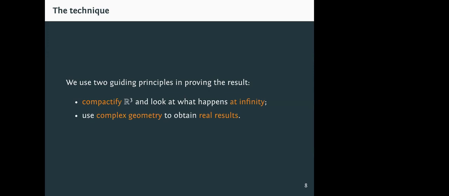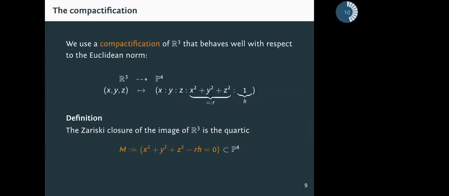Similarly, for example, when you solve degree three equations, you might introduce along the way some complex numbers, but in the end you get real solutions. So I think something vaguely similar happens here as well. And please feel free to interrupt me if something is not clear. I don't see the chat at the moment.